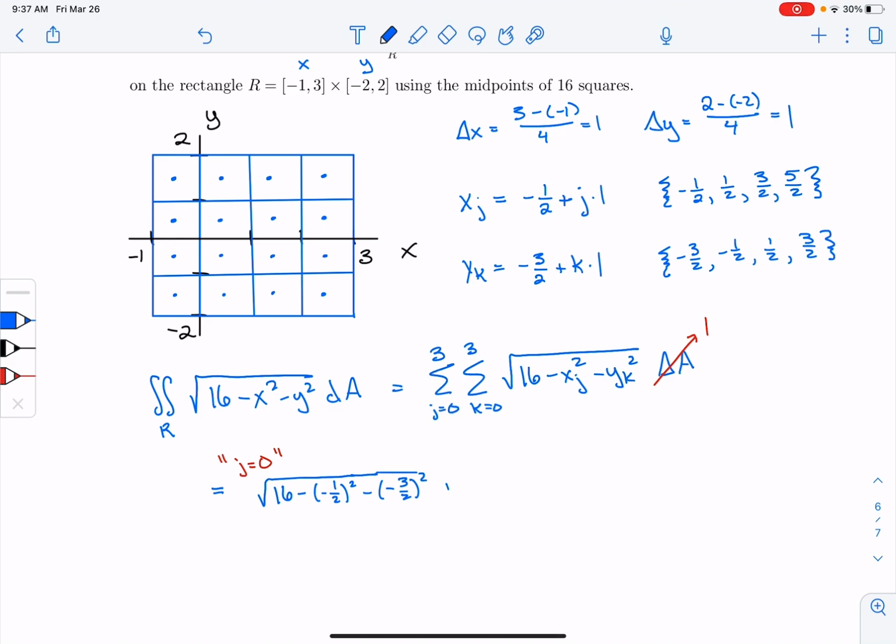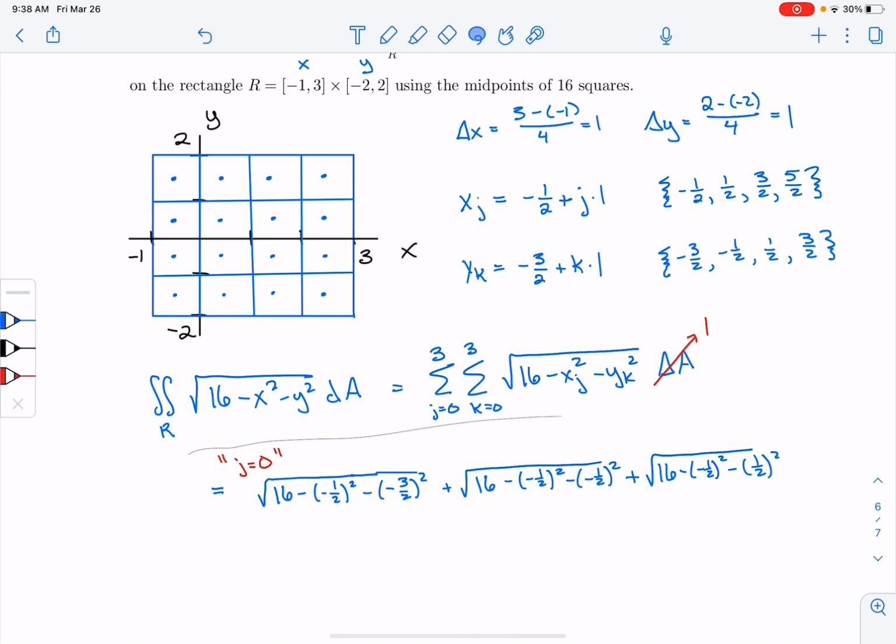And then I'm going to have plus the square root, multiplied by 1, of course, which is the delta A, of 16 minus negative 1/2 squared minus negative 1/2 squared. A third one, 16 minus negative 1/2 squared minus 1/2 squared.